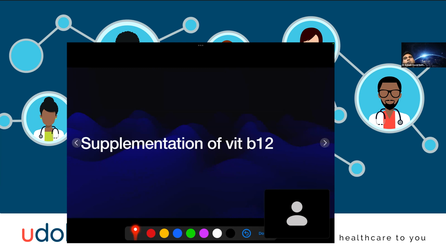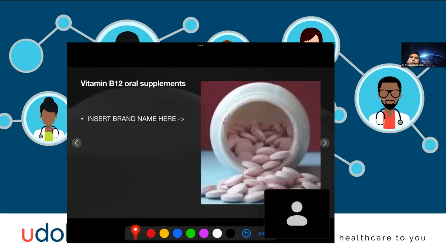How do we supplement vitamin B12? Now, there's various different methods. So essentially, your vitamin B12 oral supplements, we have our B complexes, etc. And the bugs that we found that actually manufacture the vitamin B12, we've isolated these.